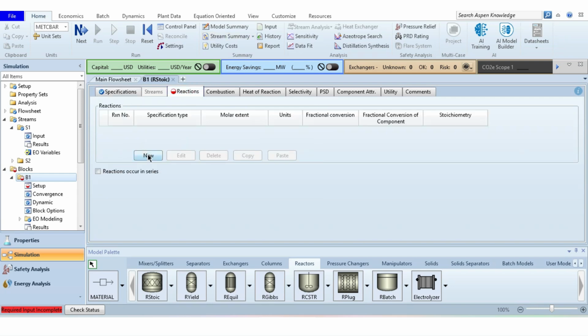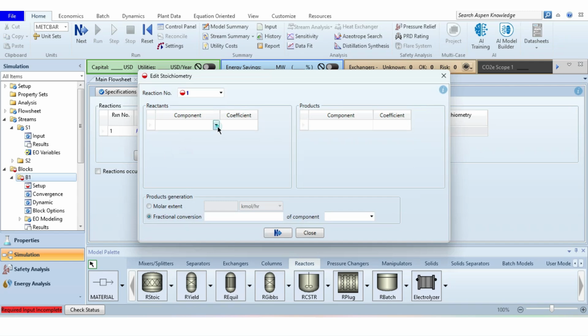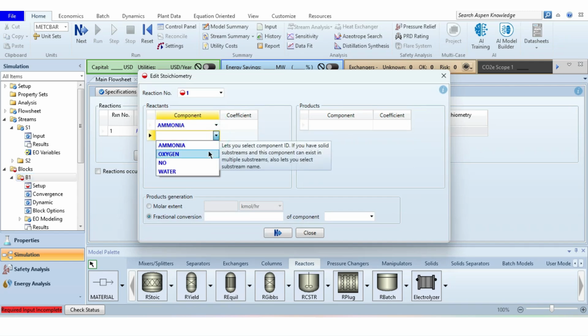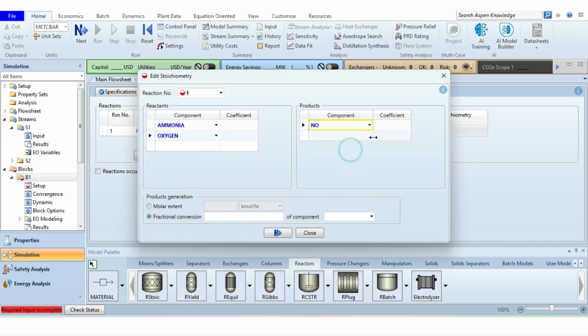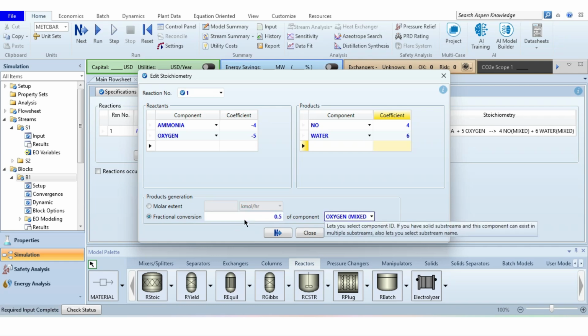Then we will add the reaction, clicking on this New. Ammonia and oxygen are reactants, NO and water are products. -4 for ammonia, -5 for oxygen, because minus represents that these are the reactants. 4 for NO and 6 for water. Fractional conversion is 0.5 for oxygen.